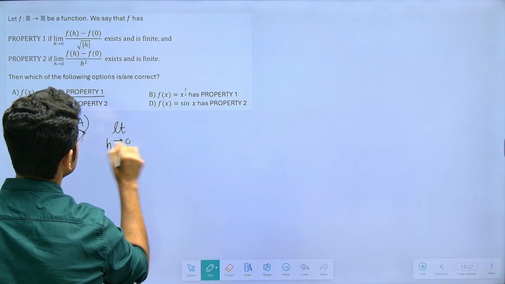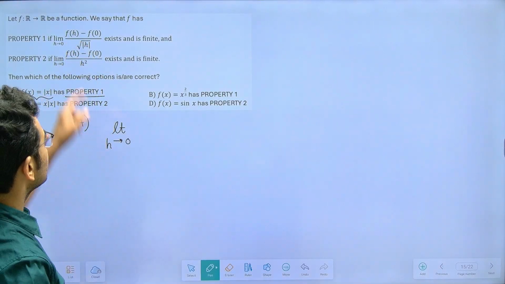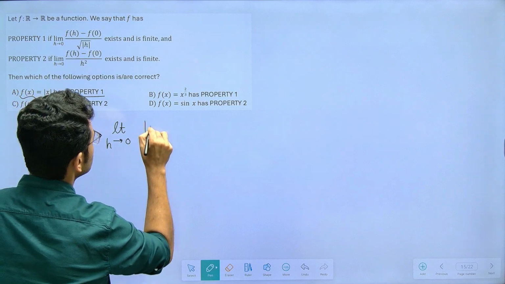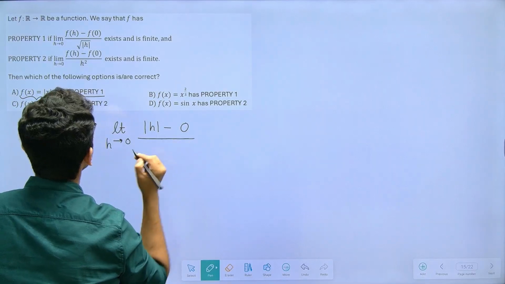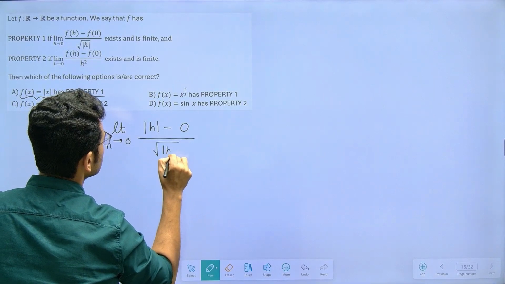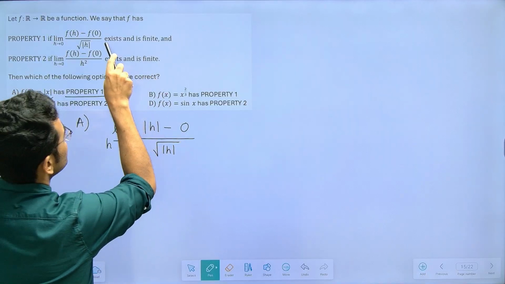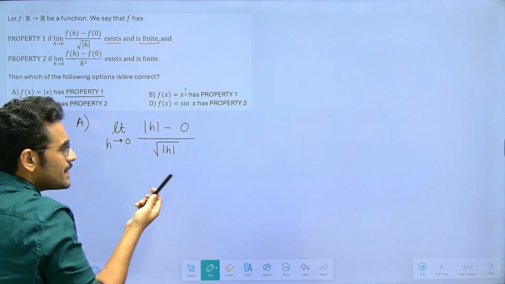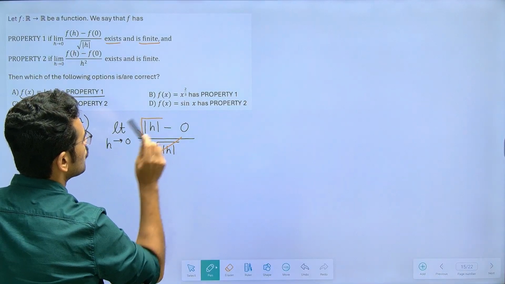Limit h tends to 0, f(h). If you take f(x) equal to mod x, then f(h) is mod h minus f(0), which is 0, divided by root over mod h. This is the limit, right? Now, does this limit exist and is it finite? Let us see. Mod h divided by root mod h cancels out to give root mod h.